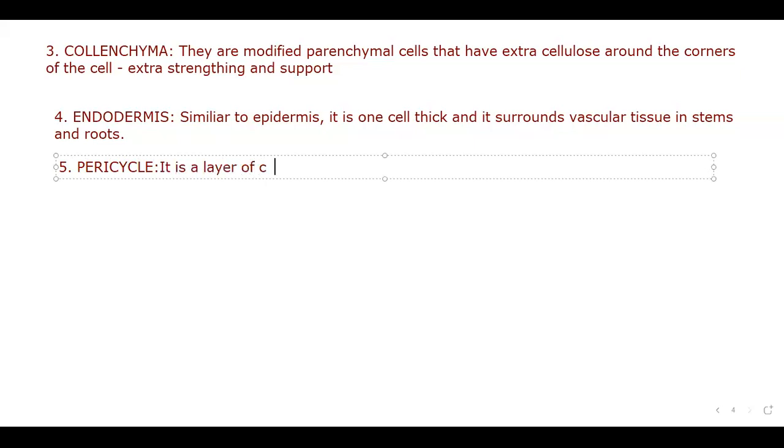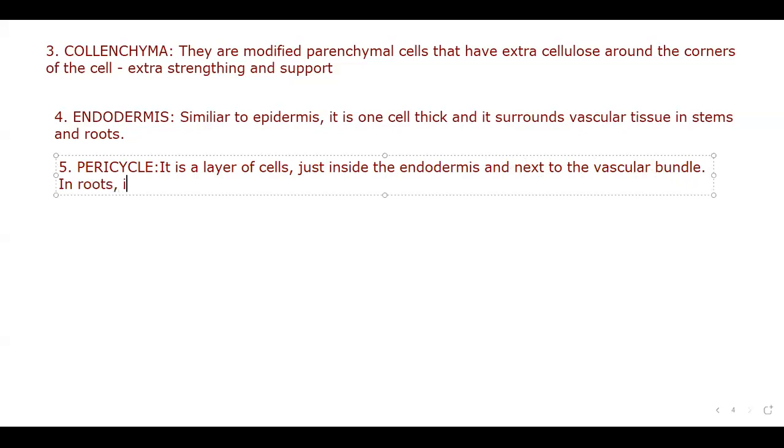It's literally a layer of cells, and it's just inside the endodermis. Wherever your endodermis is, it's normally just inside the endodermis and next to the vascular bundle. So it normally surrounds the vascular bundle, right?